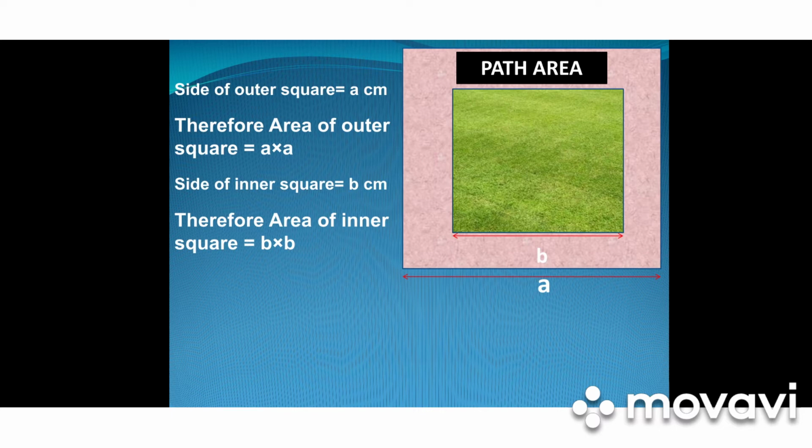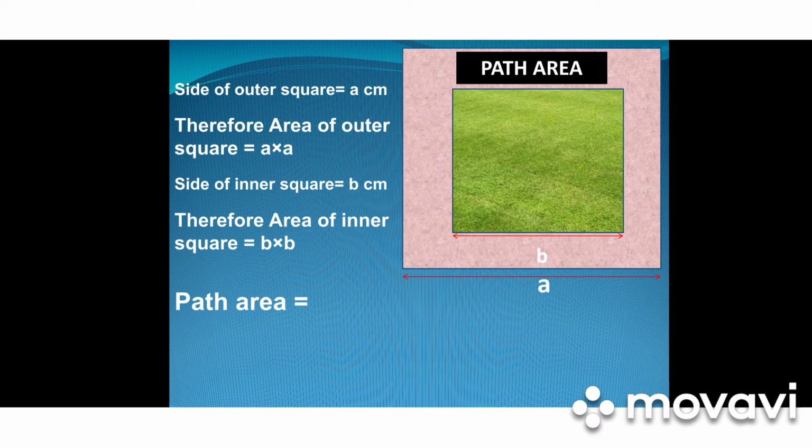Now what we have to find? Path area. What is a path area? The area in between two squares, the outer square and inner square. Can you guess how to write path area using the mathematical symbol?